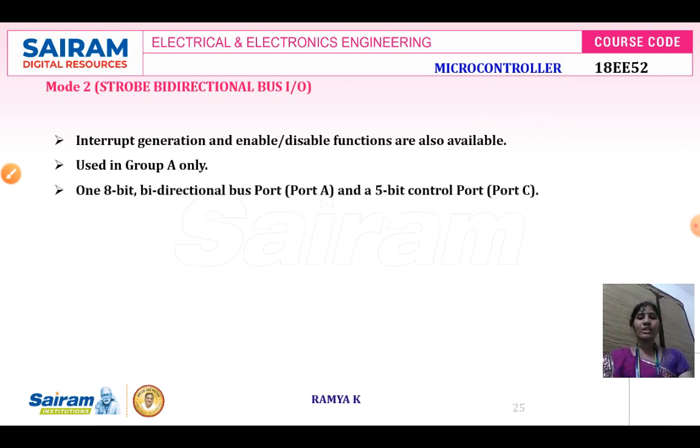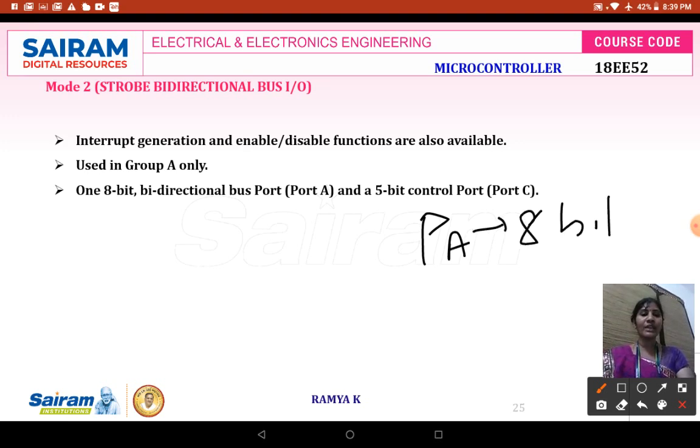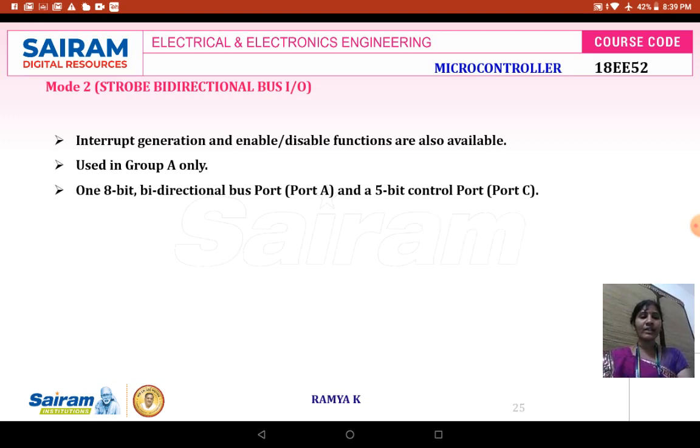The third point is one 8-bit bidirectional bus port, that is port A, and a 5-bit control port, that is port C. So one bidirectional bus port A, and we know the basic configuration of 8255 under port A: it is an 8-bit port which has a bidirectional bus. It means that it can either act as an input or as an output.